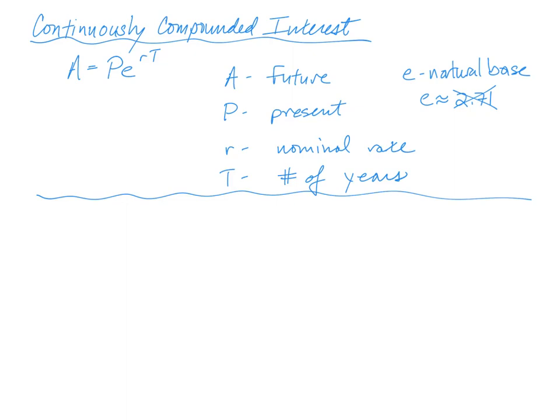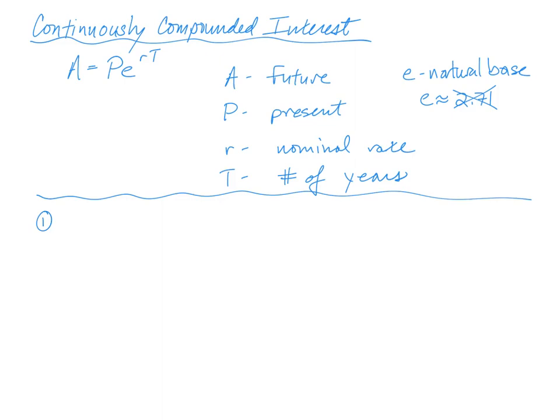You'll use that formula if you don't see the words continuously compounded or compounded continuously, basically you don't see the word continuously in there, you won't use this one right here. If you do see the word continuously compounded, you will use this one right here. Pretty simple.